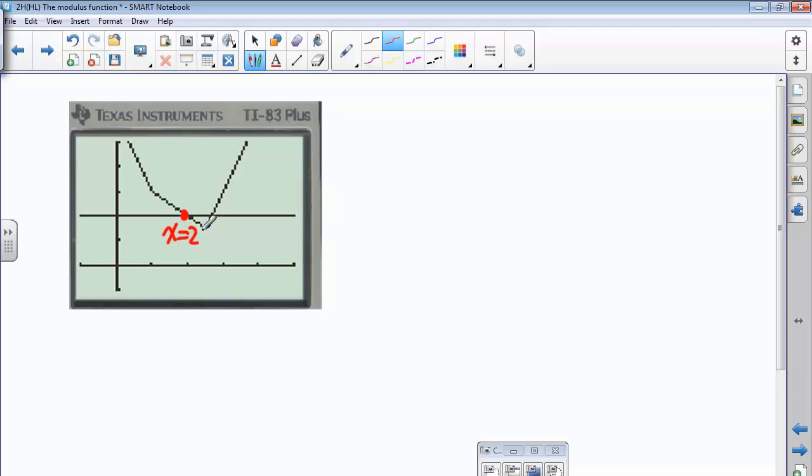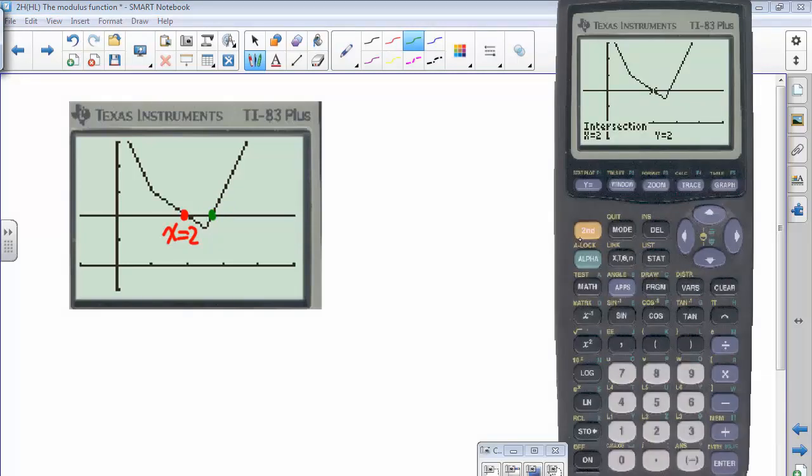Let's repeat the same steps to find the point of intersection here. So this one is second trace, go to intersect. So I will move this cursor towards the second point of intersection. If it's almost there, let's press enter. Then this point will jump onto the second graph. So the second graph is the line.